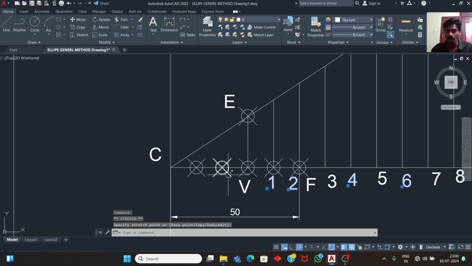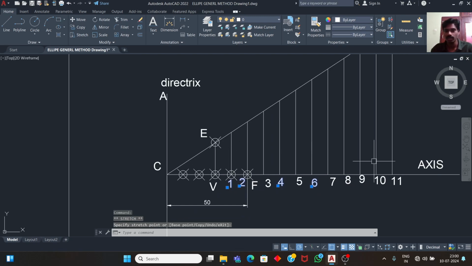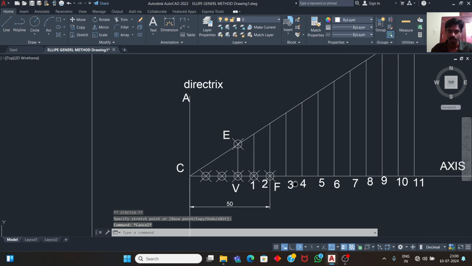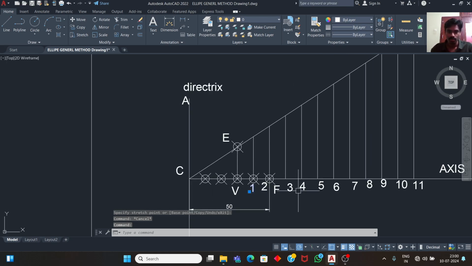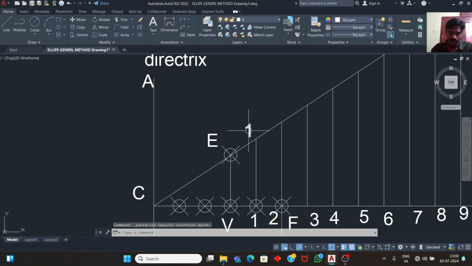After the vertex we need to take perpendicular lines as well. Give the naming above the axis line also. This is the point 1 dash.